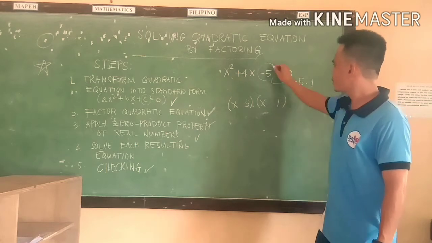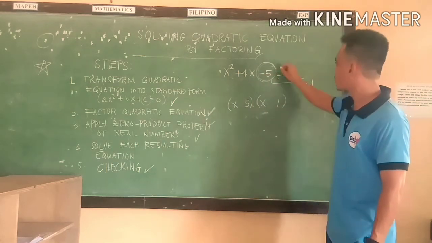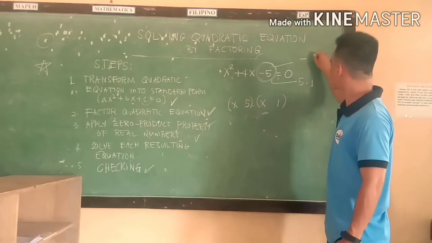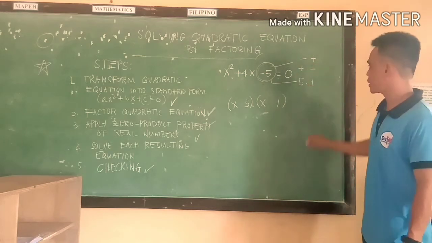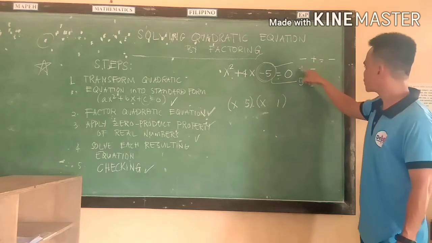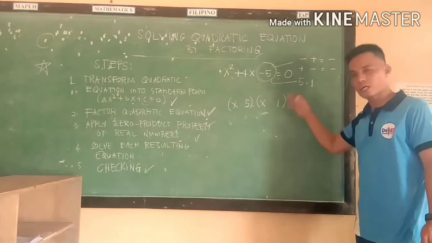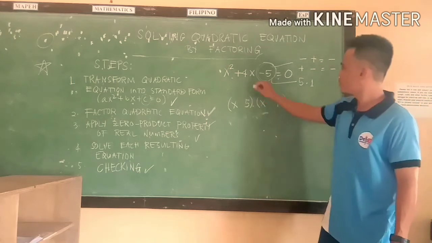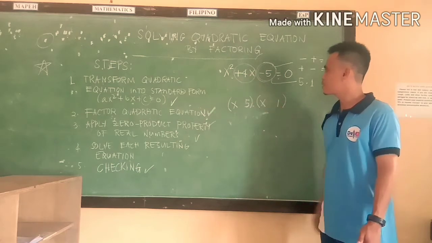Okay, so looking at the value of letter C, we have negative 5. So therefore, automatic, either one of the factors is negative or the other factor is positive. Okay? Because negative multiplied to positive is negative, positive multiplied to negative is negative. So, which is which? Ano yung gagamitin natin? Titignan natin yung value ng linear term, which is 4x.